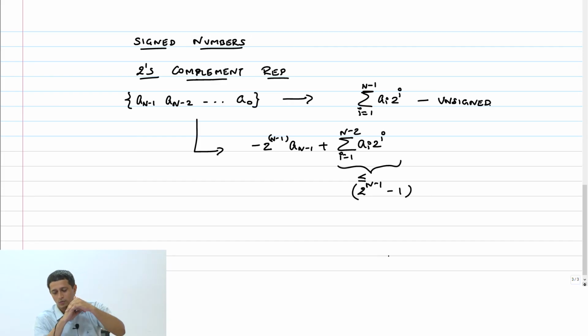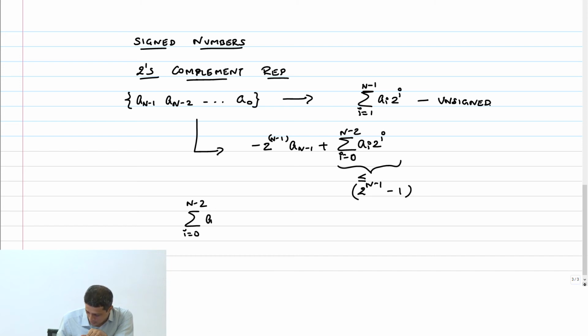Let's look at the summation i equals 0 to n minus 2 of a_i 2 power i. What is the maximum value? What configuration of bits will give you the maximum value? All ones, because they are all positive terms. So this is less than or equal to the summation of 2 power i, 0 to n minus 2, which is equal to 2 power n minus 1 minus 1.